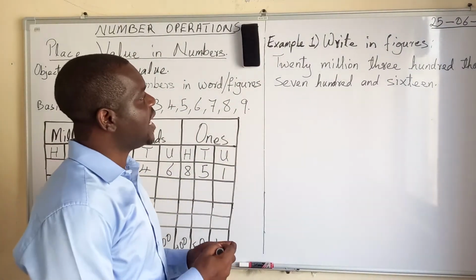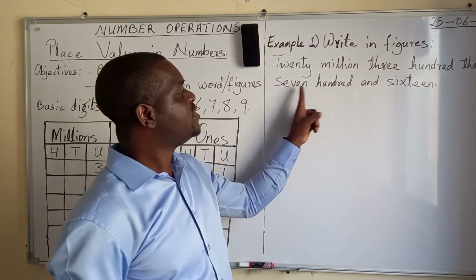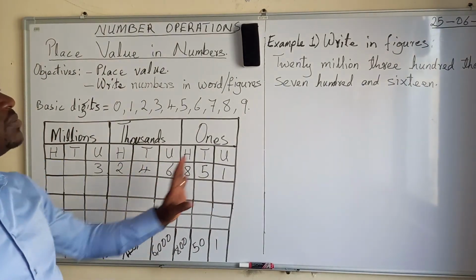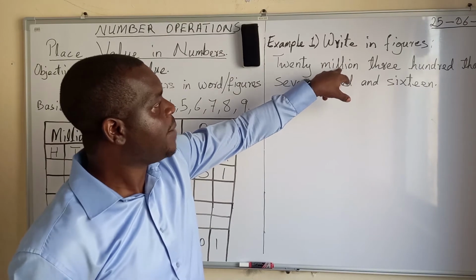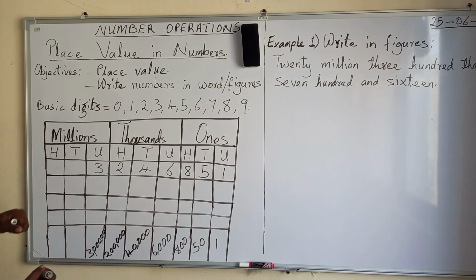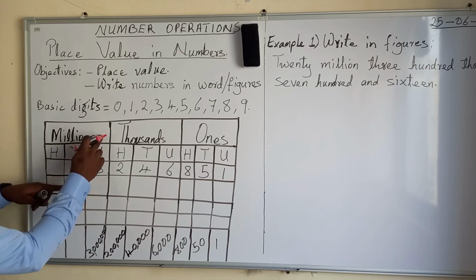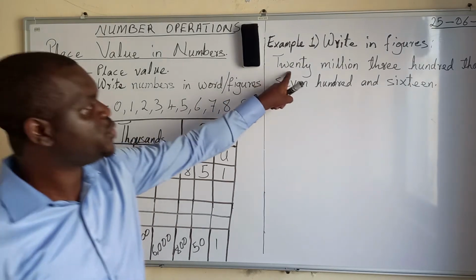The number reads as 20,300,716. This is how you can use the table to come up with this number in figures. First, you go to million. How many millions do you have? 20. You come to our table. This is million. How will I write 20 million? 20 will fall 2 under tens and 0 under unit. This is 20 million.